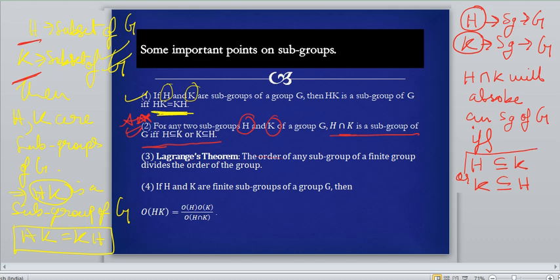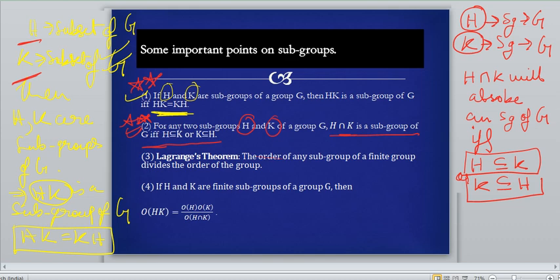Either H will be a subset of K or K will be a subset of H. These two points are absolutely vital for you to understand how things are going to be subgroups.